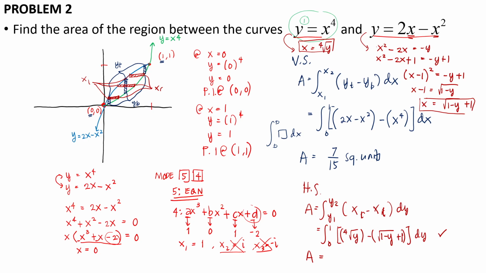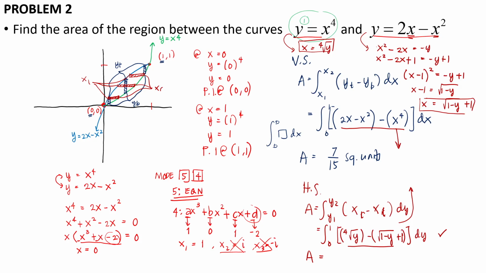Notice that the calculator is having a hard time integrating because it is integrating a difficult equation. If you compare the integrand of the vertical strip and the integrand of the horizontal strip, as a person it's easier to integrate the vertical strip equation, compared to having the radical expression.